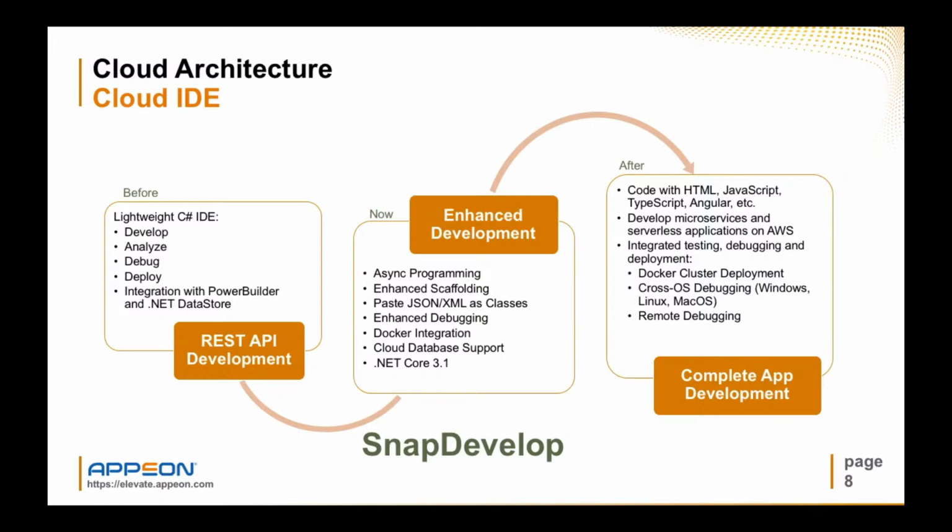It will be possible for you to more easily develop microservices and serverless applications and deploy them on Amazon Web Services. The testing, debugging, and deployment of applications will be well integrated in the IDE. For example, Docker cluster deployment, cross-OS debugging, and remote debugging.